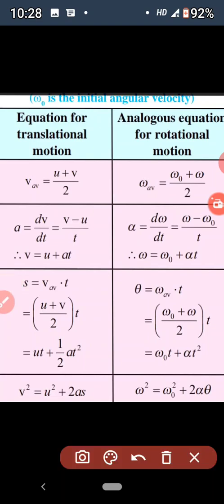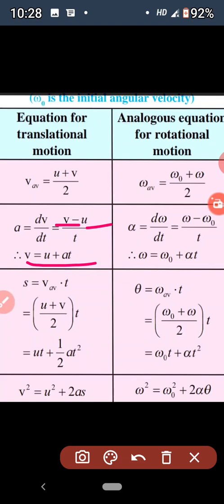Now the second one. Linear acceleration is dv by dt, that is the rate of change of velocity with time: final velocity v minus initial velocity u divided by time. From this we get the equation v is equal to u plus at.